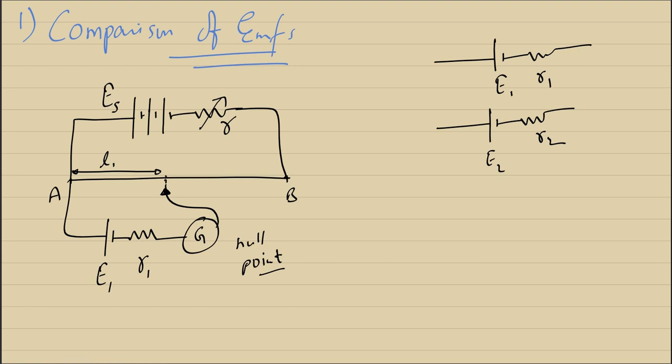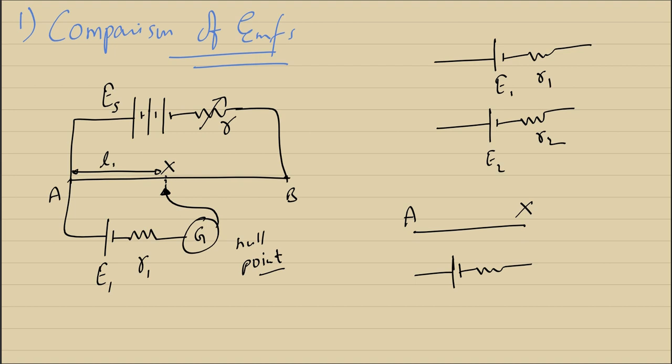Now think, when can that happen? It can happen, say this point is X, only when the potential difference across the segment AX and the potential difference across the cell both are equal. Then only there will be no current through the galvanometer.